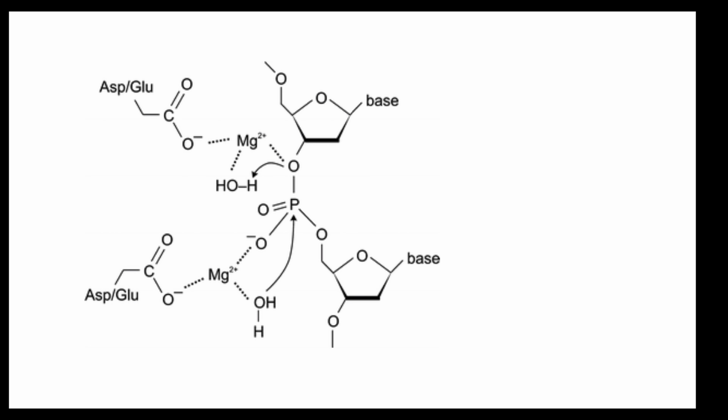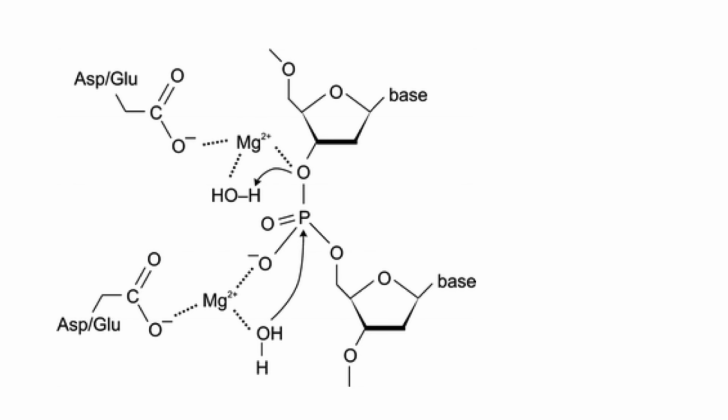Now the second magnesium ion neutralizes the charge on the other oxygen atom attached to the phosphate. Then the OH group from the water molecule forms a bond with the phosphate. This is how the magnesium ions, with the help of oxygen, make a break between the bases. They cut the phosphodiester bond.